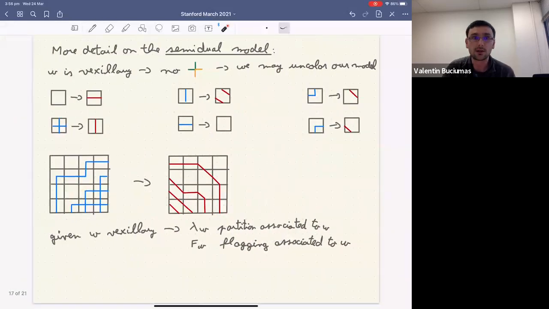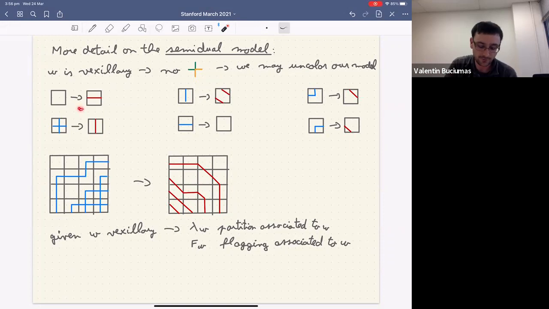So I'll try to be very brief and finish not too late. What is the idea with the semi-dual model? Because we don't have this vertex configuration, we may uncolor our model. And then on the diagonal, we replace uncolor by color and color by uncolor.